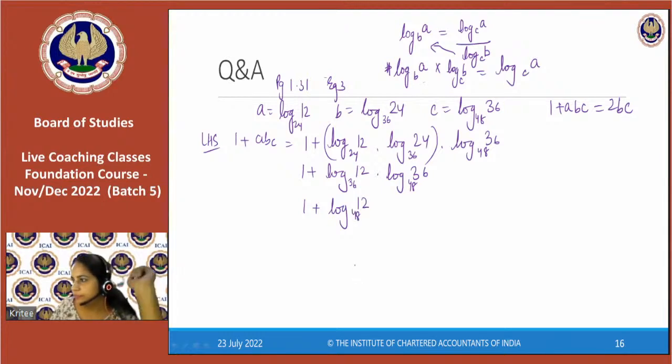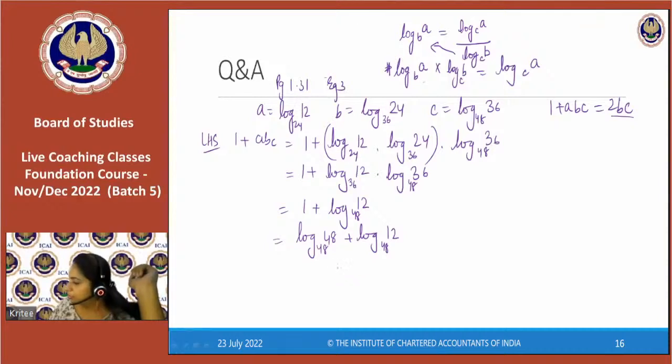I hope you understand. Now, just to make it comparable, I need to reach 2 BC, right? So I will substitute 1 as log 48 to the base 48.